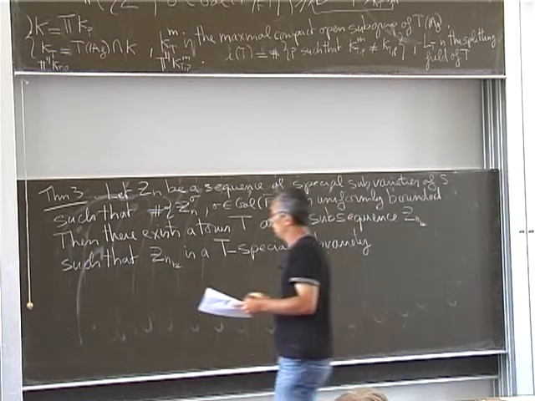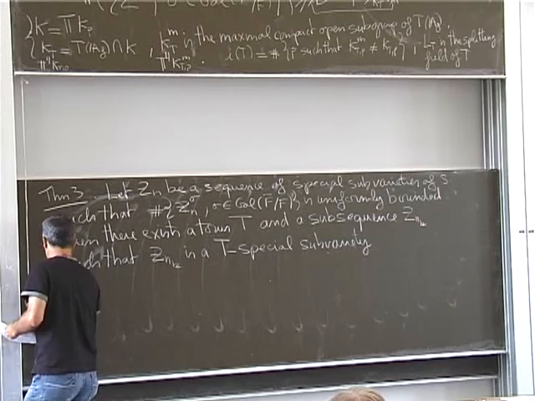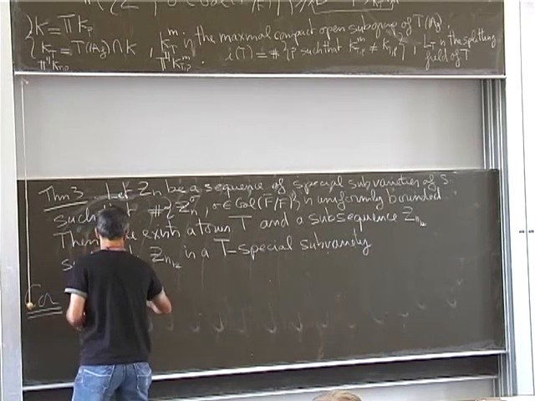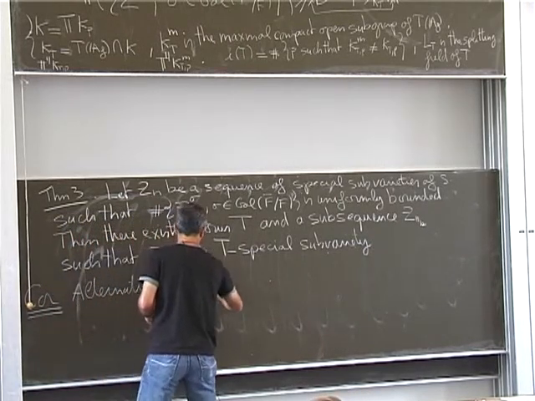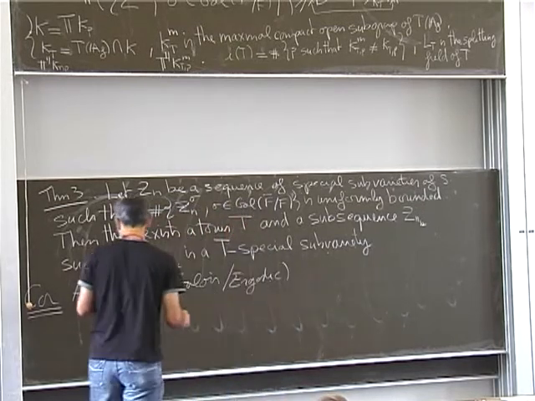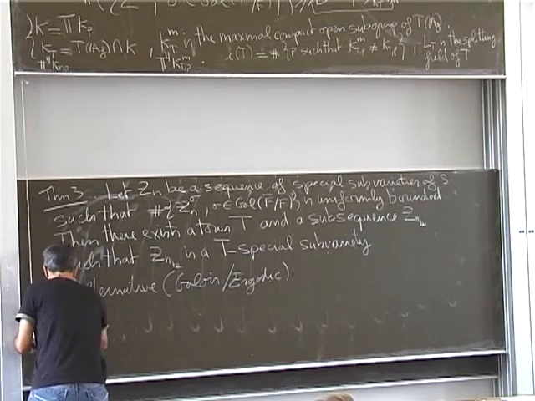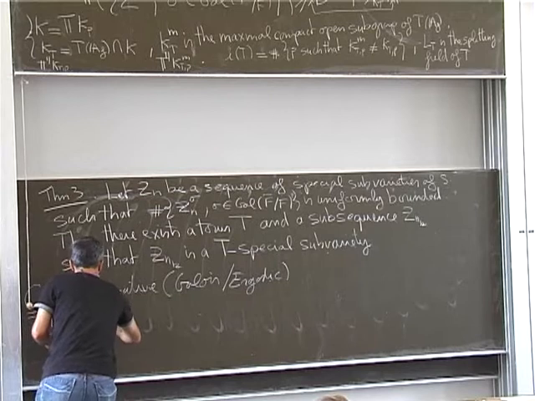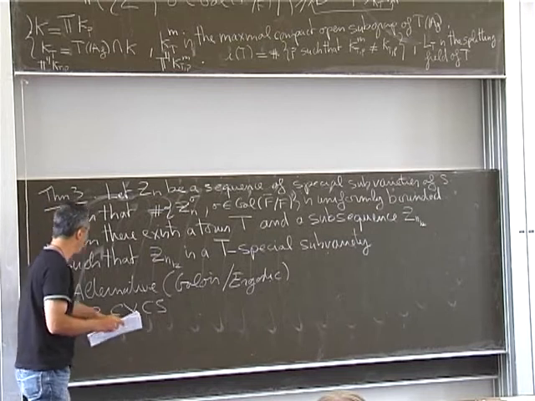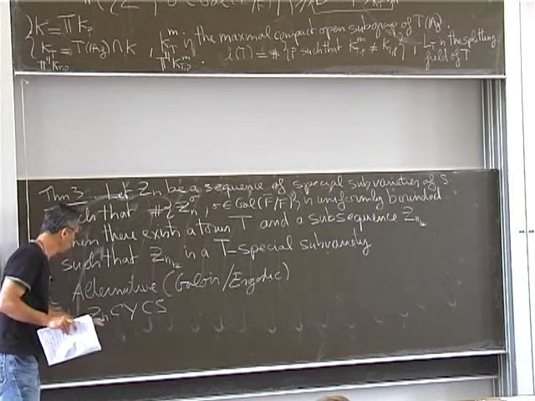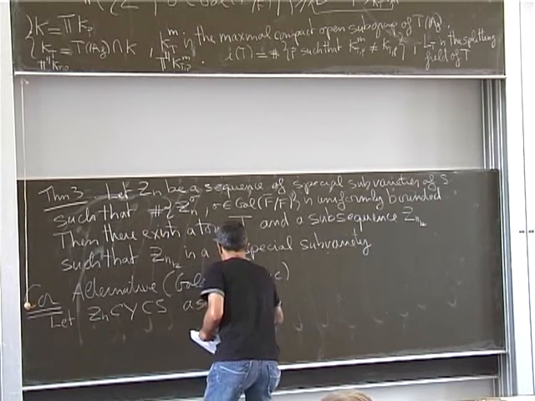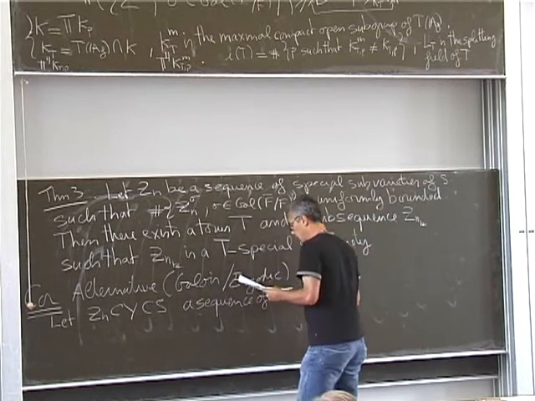So the corollary is the alternative Galois ergodic. So how it works, you want to prove André-Hort, so you start with, you fix a subvariety Y of your Shimura variety, and you give yourself a sequence of special subvarieties.